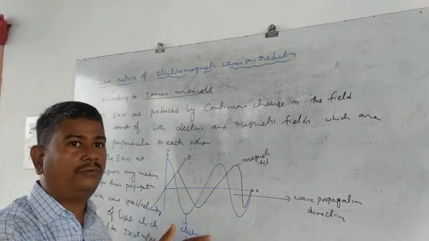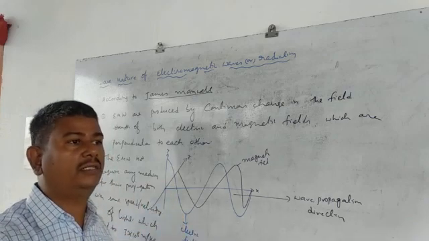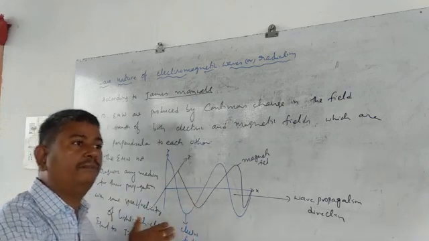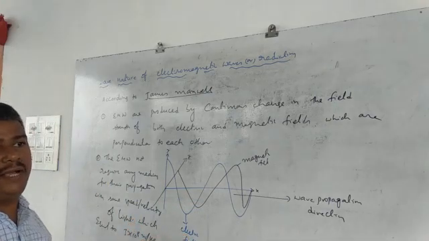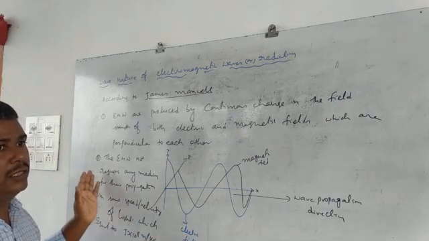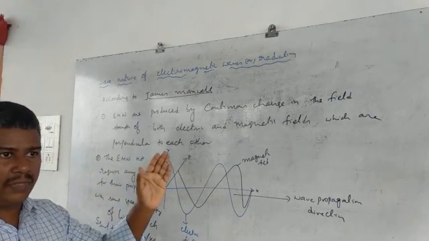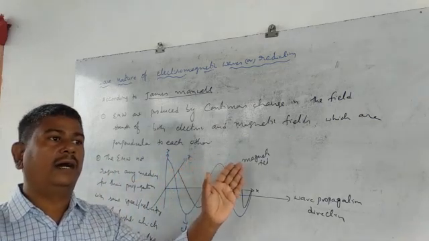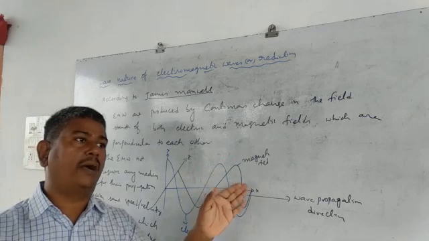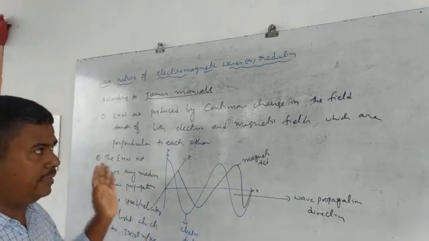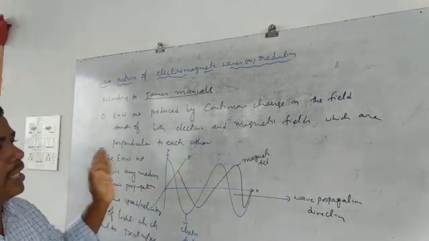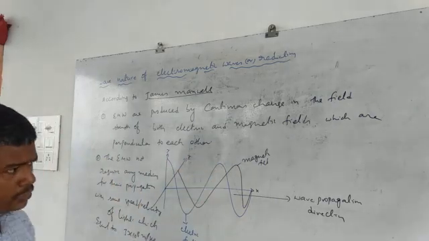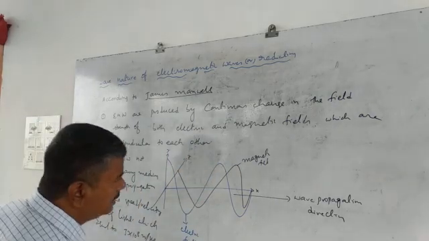On the basis of frequency and wavelength, they are distinguished over a wide range: cosmic rays, gamma rays, X-rays, UV rays, the visible region, IR, as well as microwaves and radio waves. So once we recollect that one.